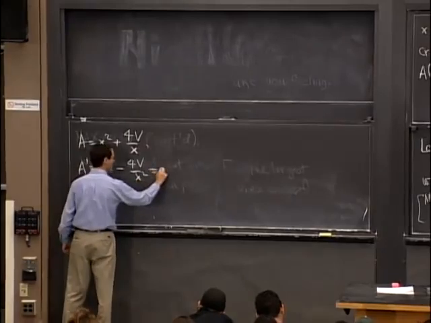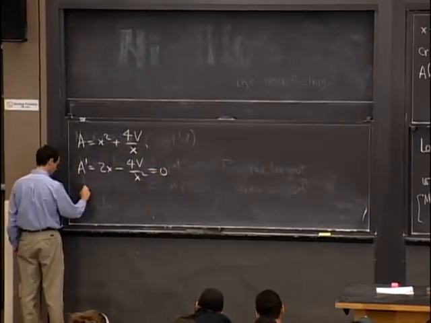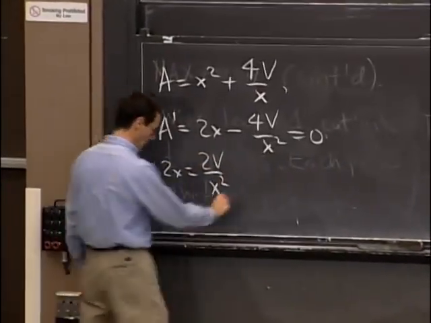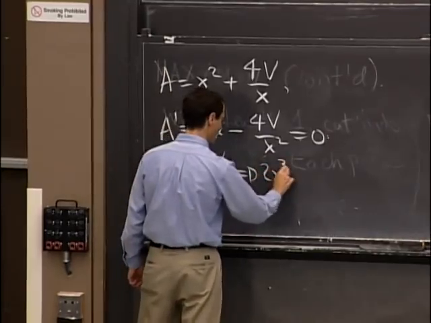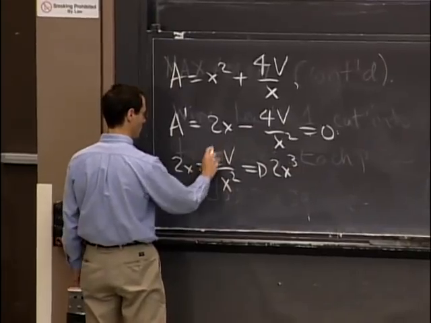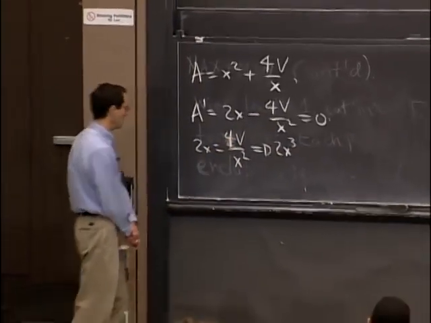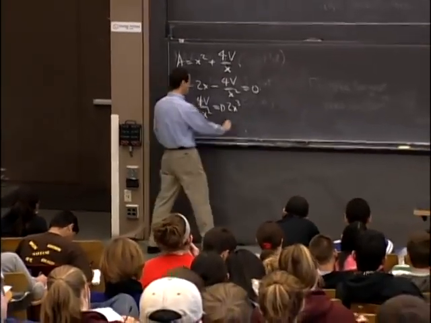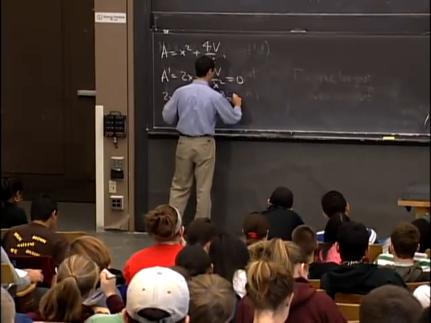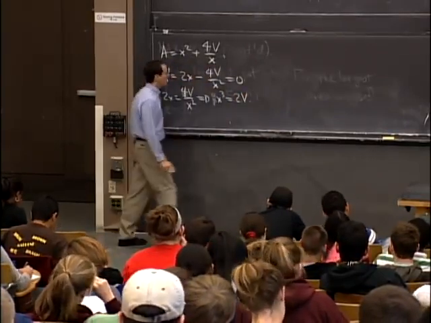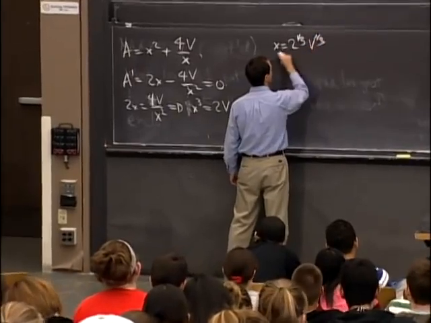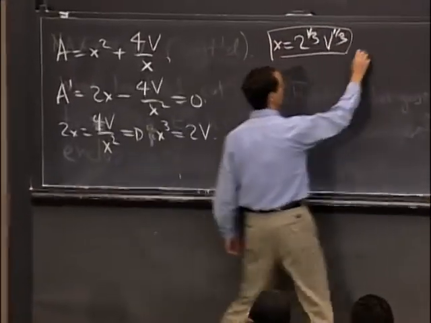So if we set that equal to 0, we get 2x equals 4v over x squared. So 2x cubed equals 4v, so this is x cubed is equal to 2v, all right? And so x is equal to 2 to the 1/3, v to the 1/3. All right, so this is the critical point.